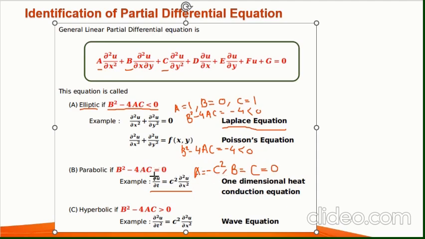If we put all these values in B² − 4AC, we get 0. So this one dimensional heat conduction equation is a parabolic type of equation.